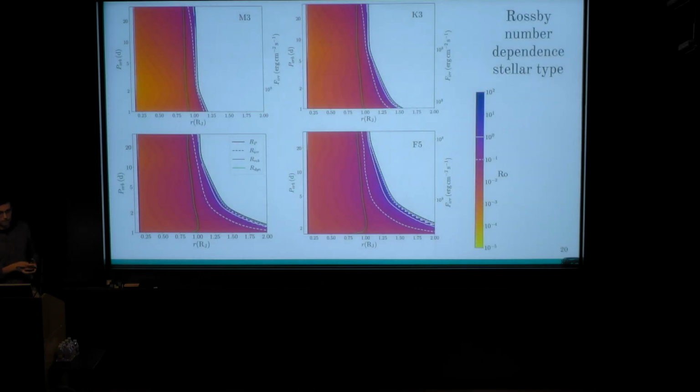These are for K, G, and F stars, all the stars that the main hot Jupiters populate. And this was just to see that no matter what kind of star it is, you are still in the rapidly rotating regime.